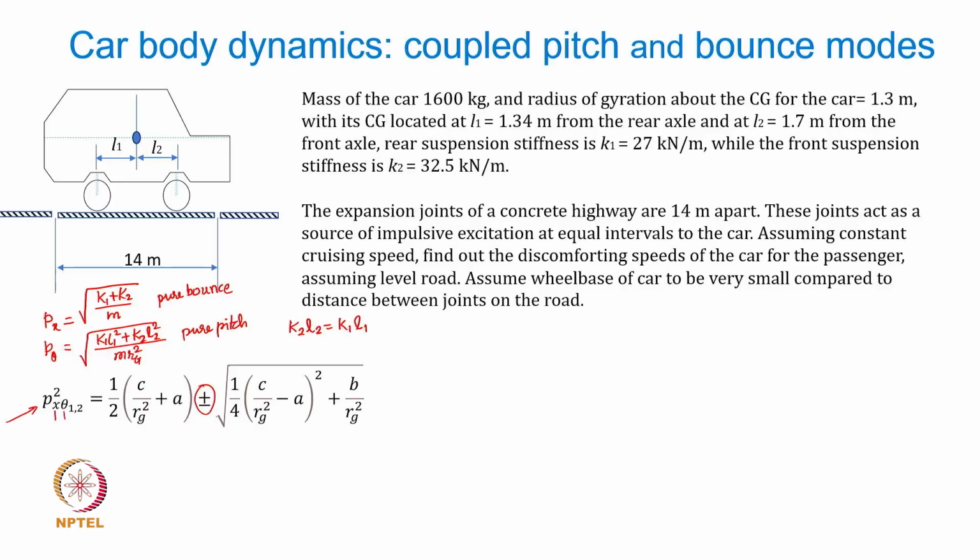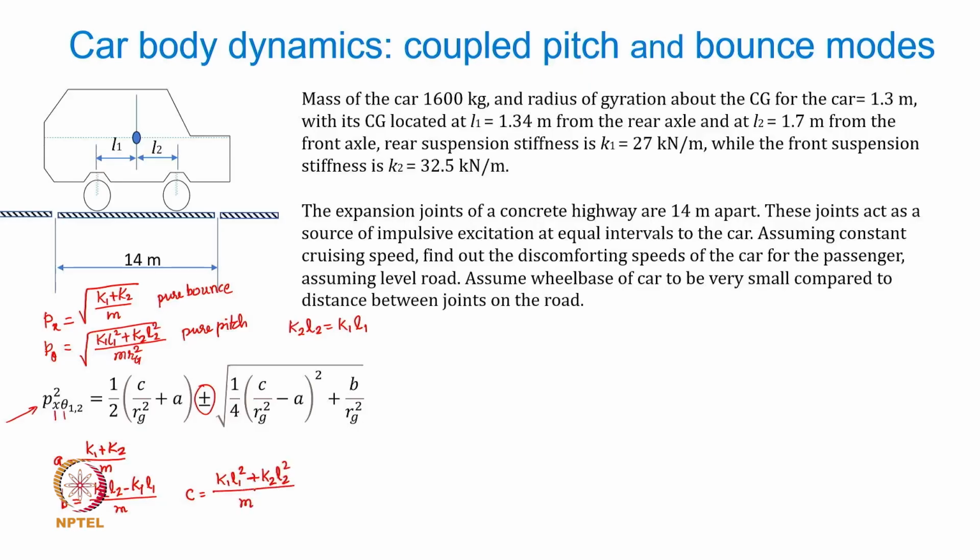Now these A, B, C parameters in this expression, I think they were discussed last. A is k1 plus k2 over m, B was defined as k2 L2 minus k1 L1 upon m, and then C was defined as k1 L1 square plus k2 L2 square over m.